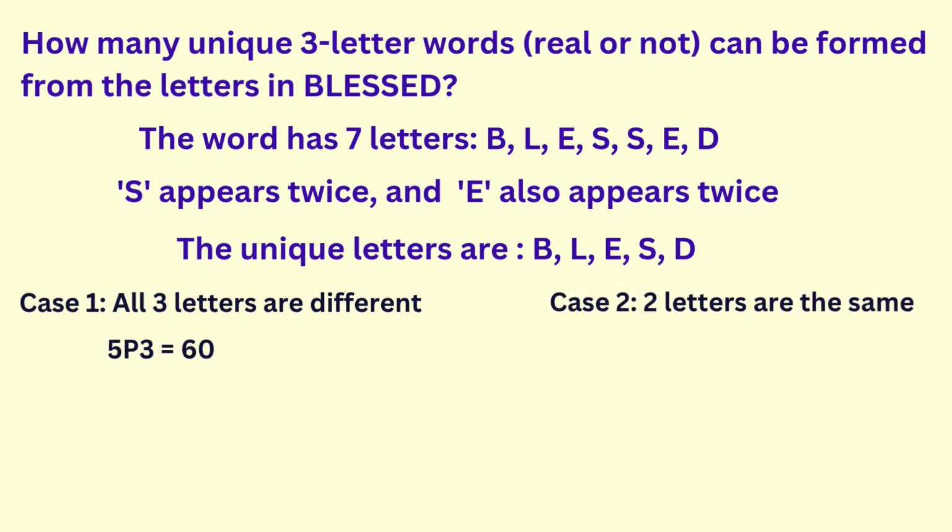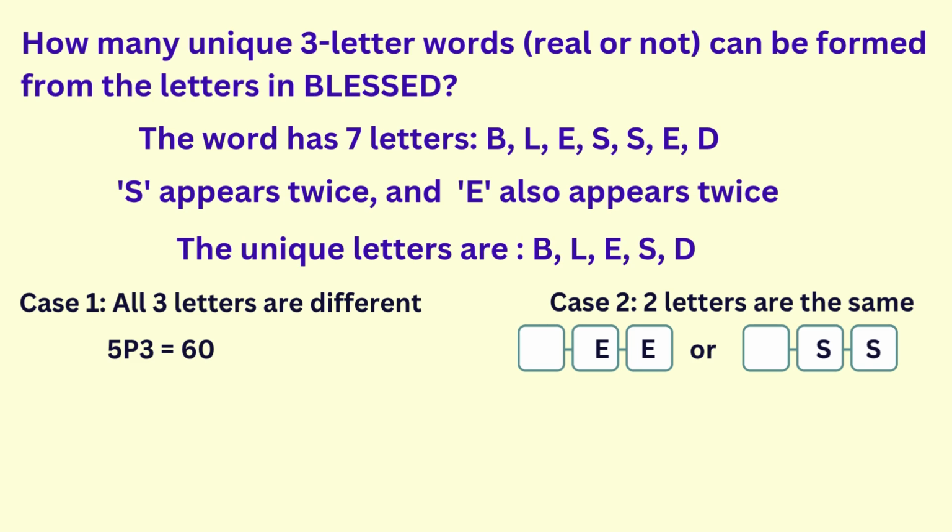The other scenario is the case where two letters are the same and one is different. This can only happen if the repeated letter is E or S, since those are the only ones that occur more than once. Let's first look at the possibility where we get two E's and one different letter.